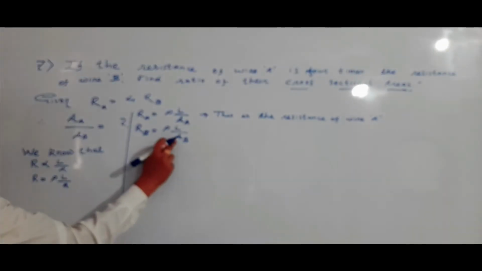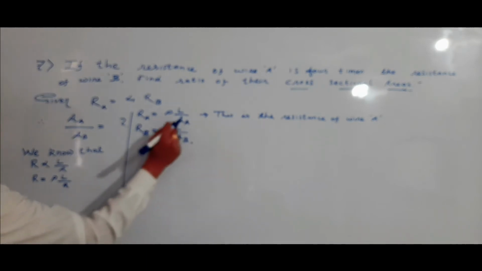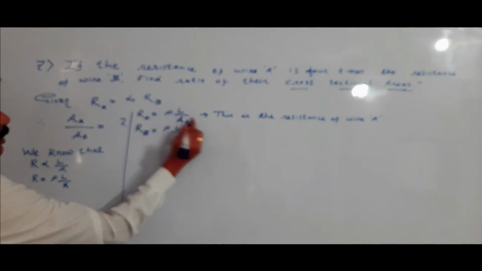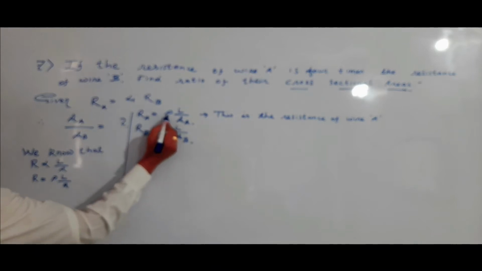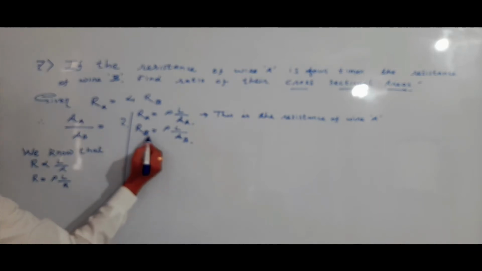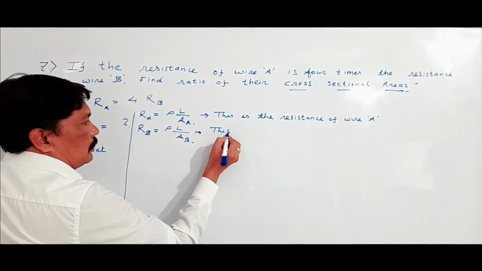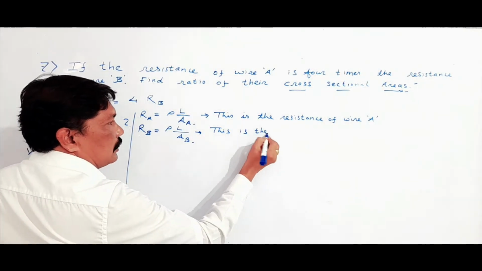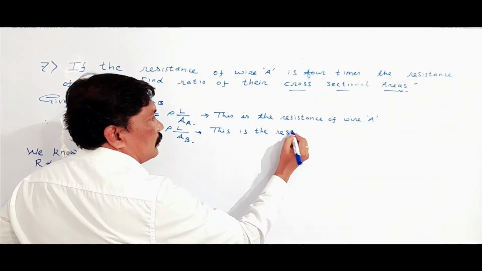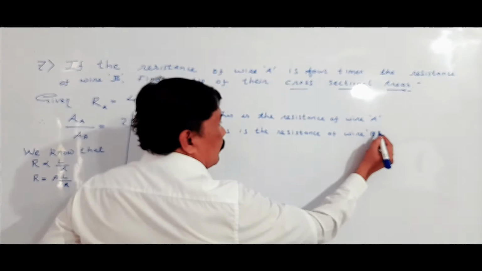This is the area of cross section of wire B. This is the resistance of wire B.